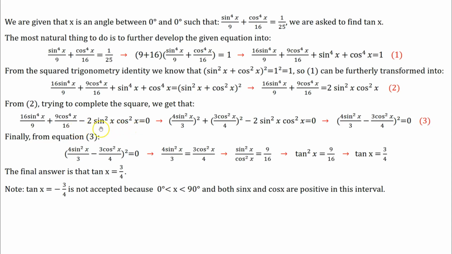So the given equation, if we take the right hand side to the left hand side, can be further transformed as this term, which is equal to 4 sine x squared divided by 3, all squared. This term is equal to 3 cosine x squared divided by 4, all squared, minus 2 sine x squared times cosine x squared, which is equal to 0.